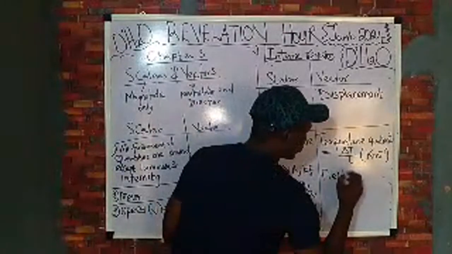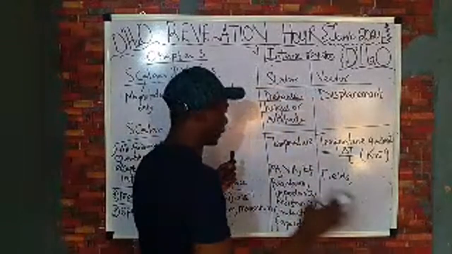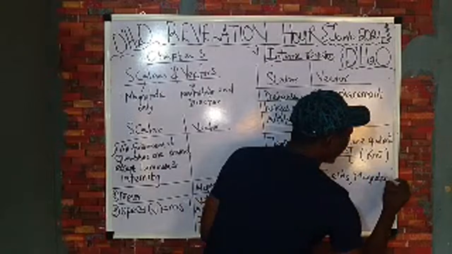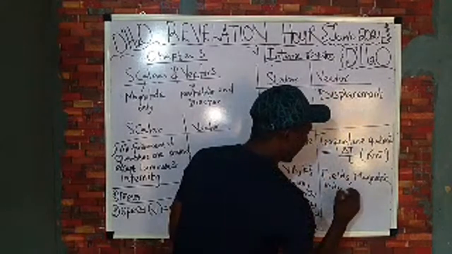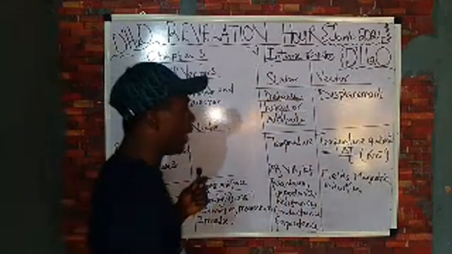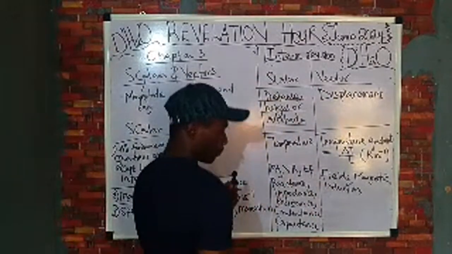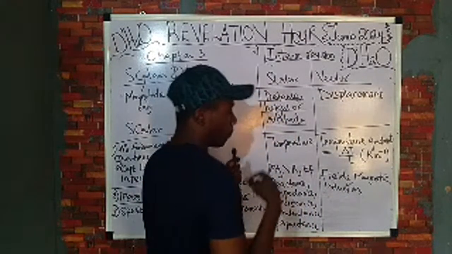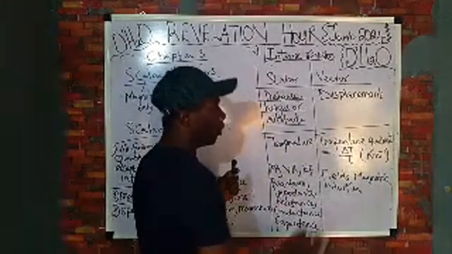But if I go the other way around and I write fields, please take note. All fields are vector quantities. There's what we call magnetic induction. Magnetic induction is a vector quantity. Remember, a field could be gravitational field, electric field, or magnetic field. They are all vectors.